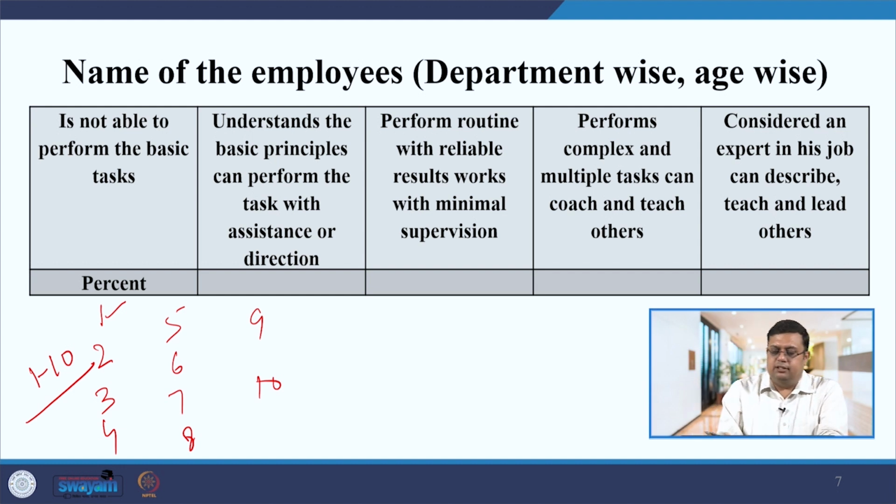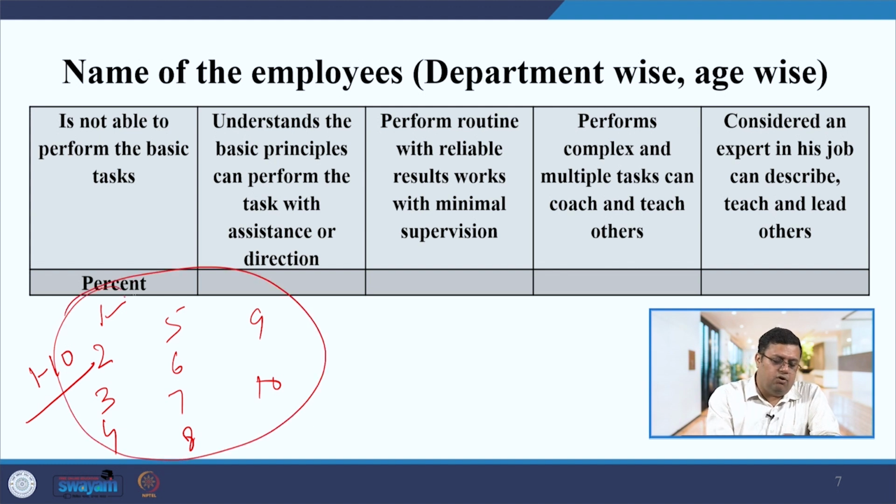So based on this matrix, you have to understand where all the employees of your department stand. Do they come in the first, second, third, fourth or fifth category?